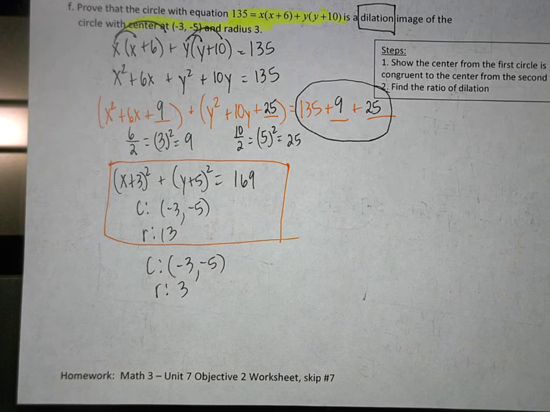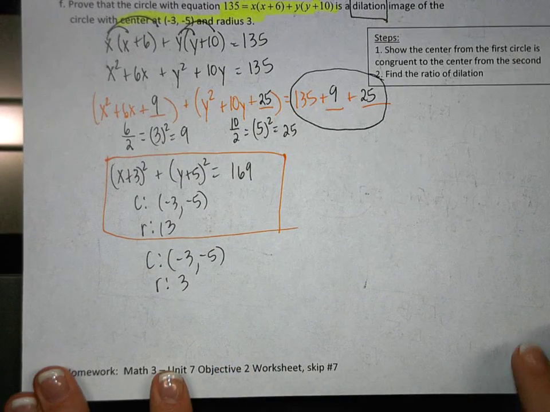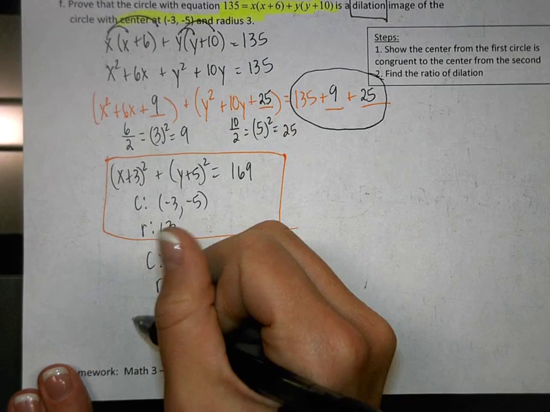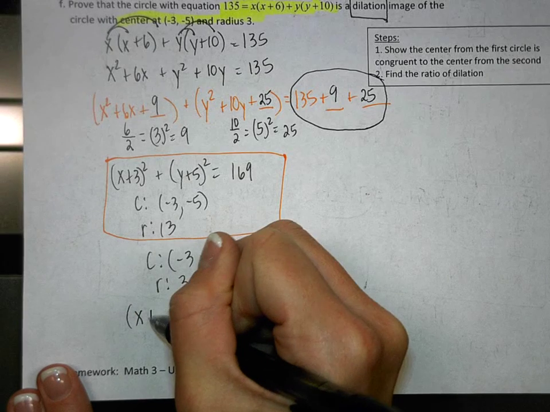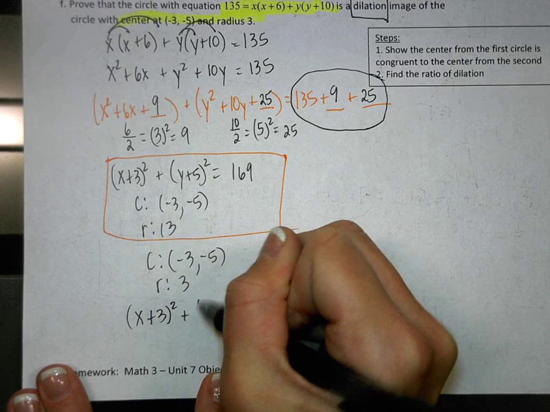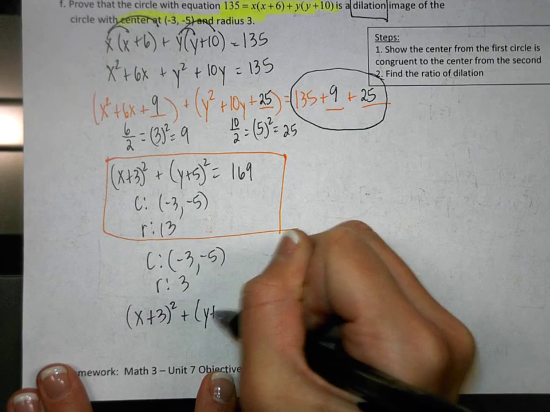Remember, you're just going backwards. Okay, so this equation would be what? x what? Good, x plus 3 squared plus y plus 5 squared equals 9.